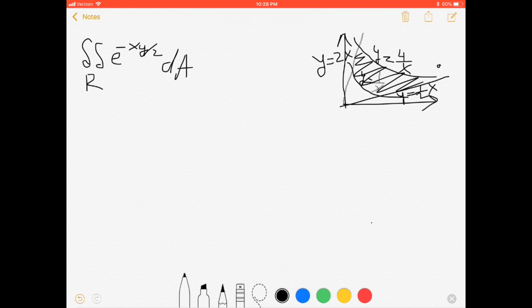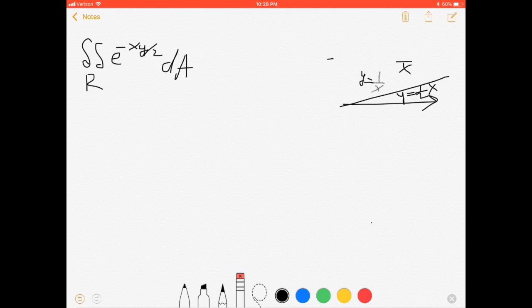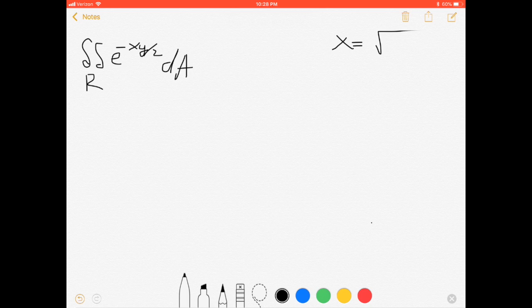Okay, here they suggest to us, I clear my region here: x is the square root of u over v, and y is the square root of u times v.